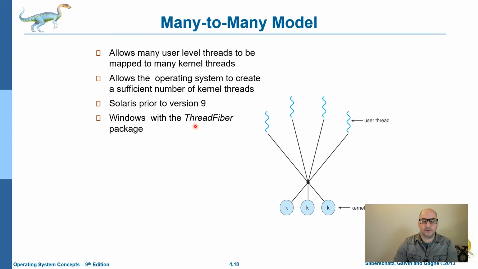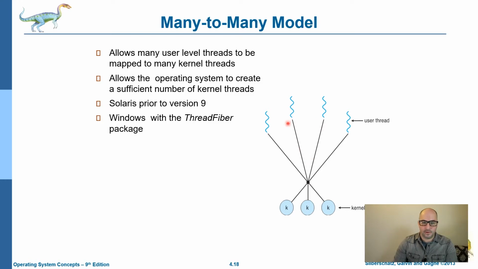Lastly, in an effort to mitigate the cost of many threads, we might have a many-to-many model where there are a set of kernel threads that are executing, and some subset of those user threads are assigned to those kernel threads to execute. So in this case, up to 3 of these threads may be executing, meaning that they're queued and ready to go on the processor and sharing time.